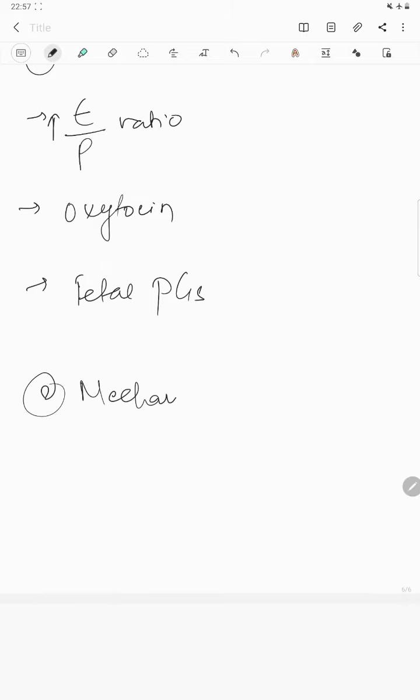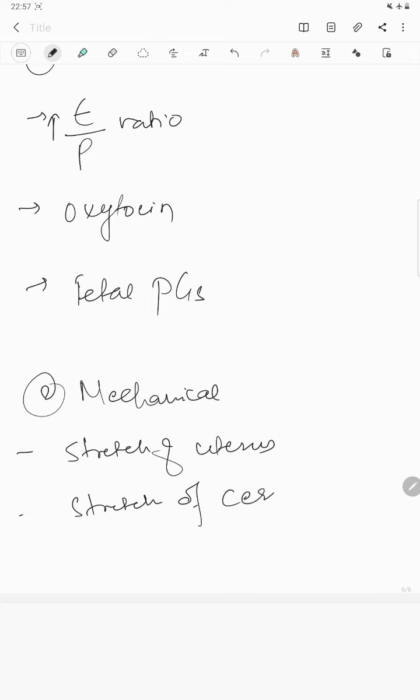In mechanical factors, it is stretch of the uterus and then stretch of the cervix that leads to a positive feedback cycle and finally leads to parturition.